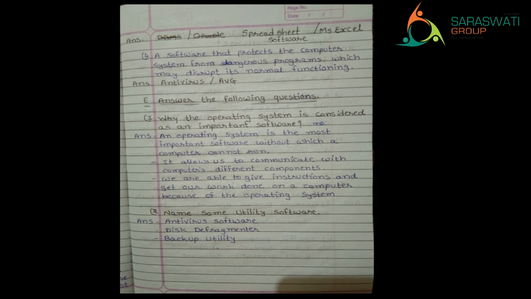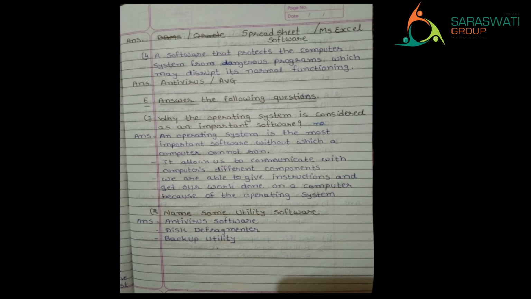कंप्यूटर के अलग अलग कंपोनेंट मतलब उसके पार्ट्स के साथ हम लोग काम कर सकते हैं, that is just because of operating system. Next, we are able to give instructions and get our work done on a computer because of the operating system. According to our instruction, computer will work, right?